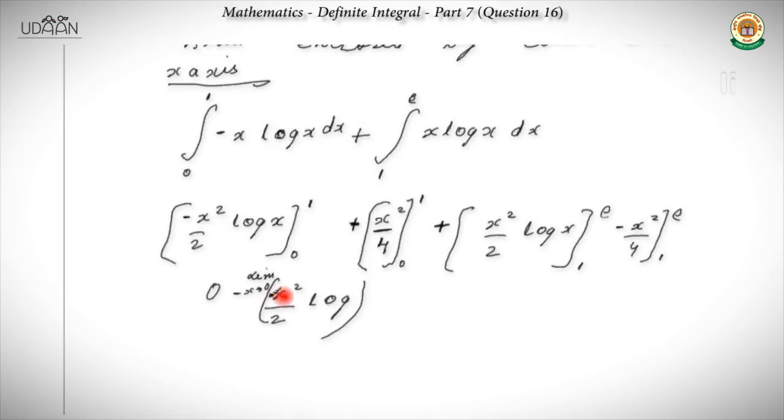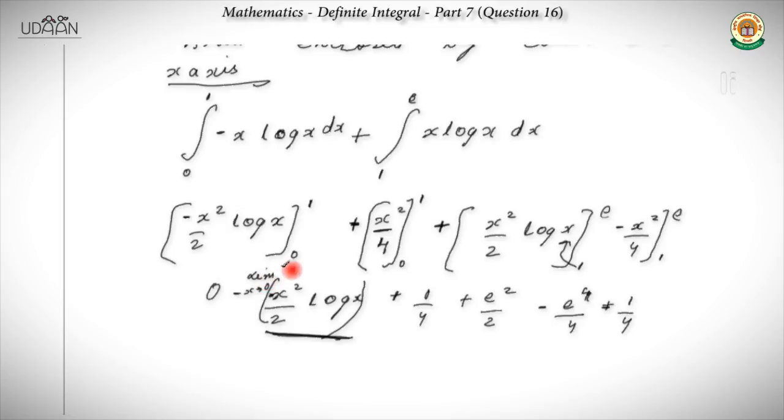So I'm incorporating one more concept inside it. If the function tends to something, we need to calculate where it tends to. Plus x square by 4 will be 1 by 4. This other part will tend to e square by 2 into 1, because log e will be 1, and if you put 1 in log x, it will turn out to be 0. Minus e square by 4 plus 1 by 4.